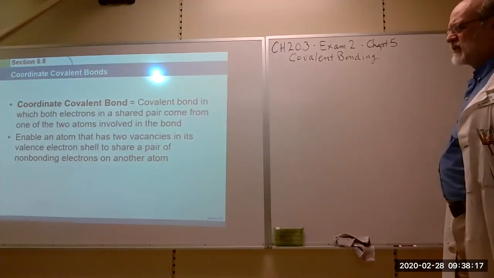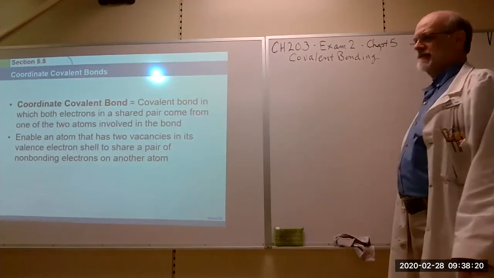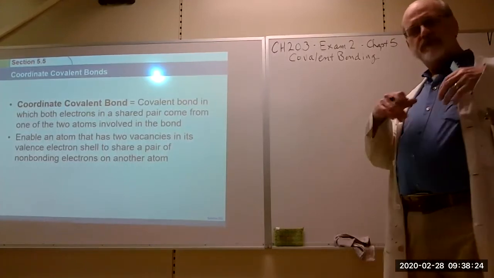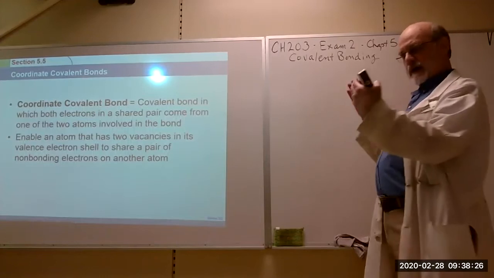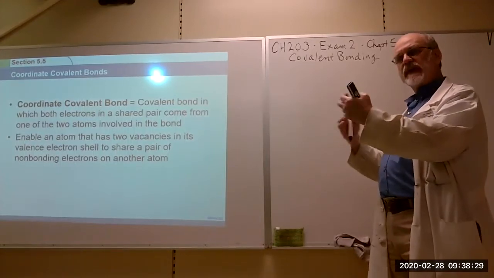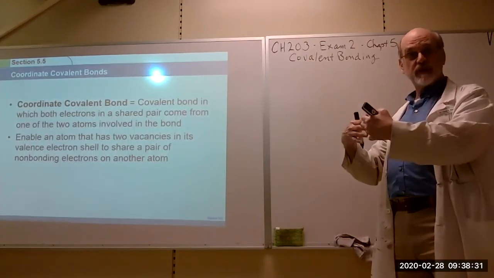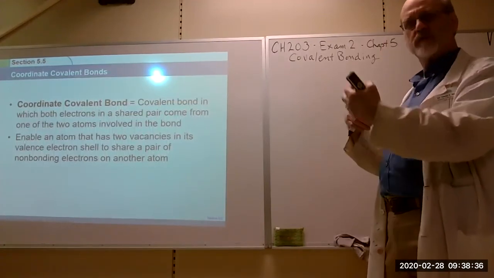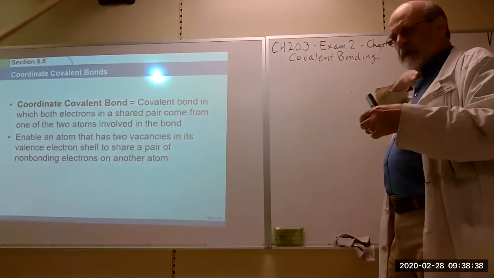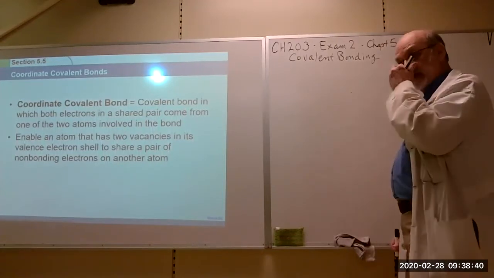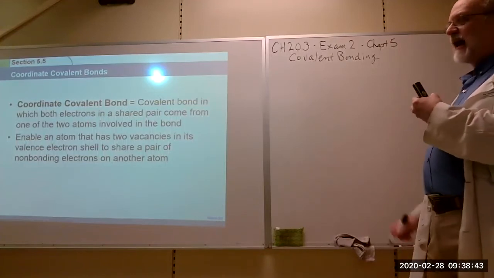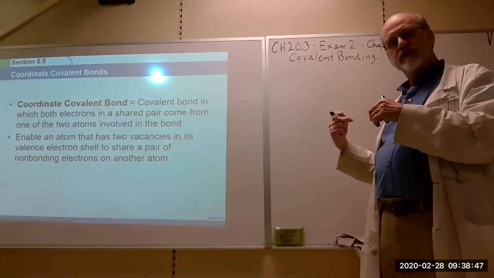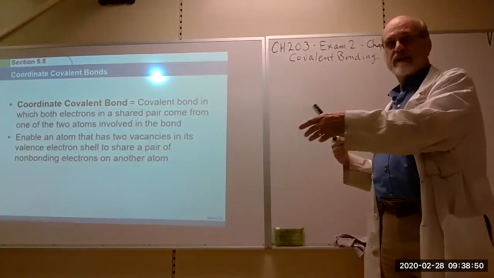Now I'm going to throw this one at you. I hope it sticks. It's a little concept change. What we've been talking about up to this point is when two atoms come together, they each contribute something to the bond. One electron from one, one from the other, maybe two from one, one from the other, whatever it takes. But there are certain classes of covalent compounds that are formed by electrons being shared from one atom with no contribution from the other atom.